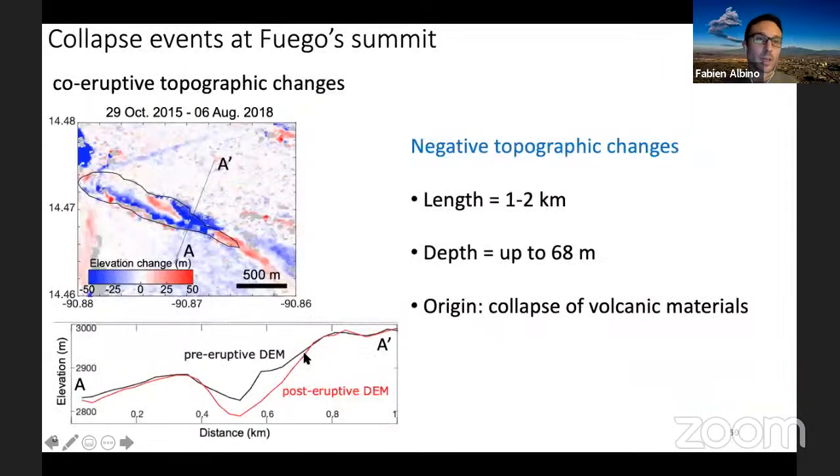Then if you look close to the summit, this proximal section, you see during the eruption negative topographic changes all around here, about 1-2 kilometers along. You see these negative topographic changes and you ask yourself, okay, is it a real mechanism?